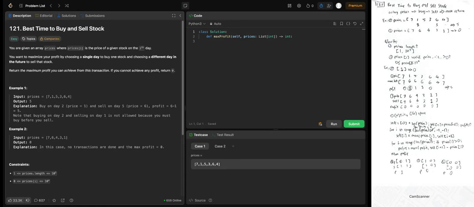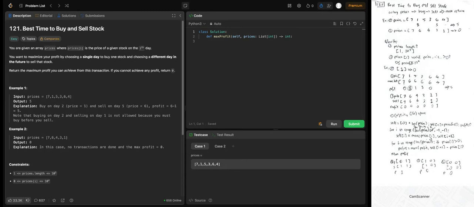Let me test the code with our examples to make sure it works as intended. In the first example, I have 7, 1, 5, 3, 6, 4, and then I set the last element of sell the same as the prices, which is 4.